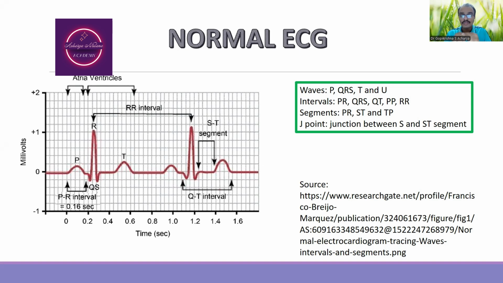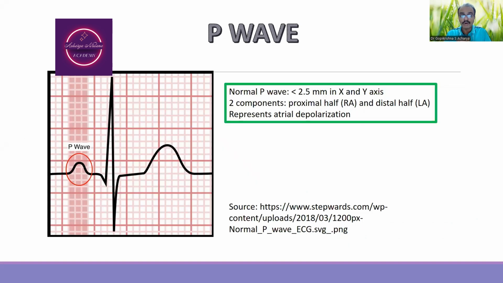Now we are going to define one by one what these different terminologies are. When you think about the P wave, it is considered to be the first deflection present in the electrocardiogram. The normal P wave measures less than 2.5 mm on the x-axis as well as the y-axis.